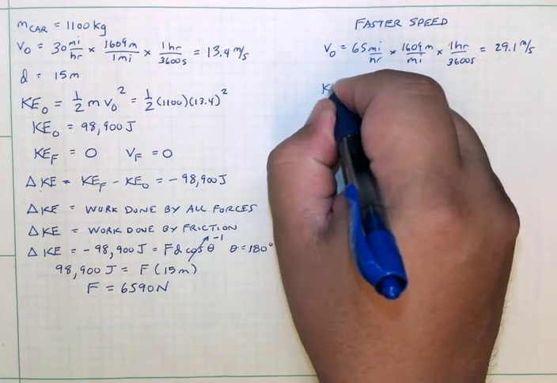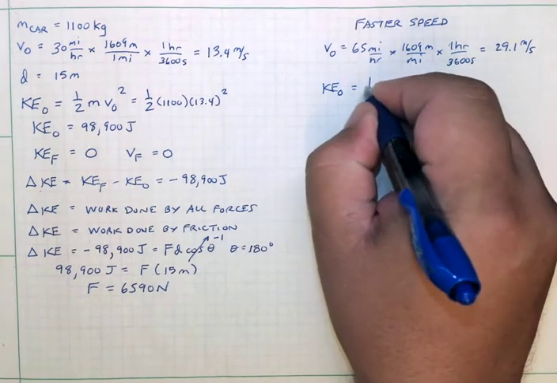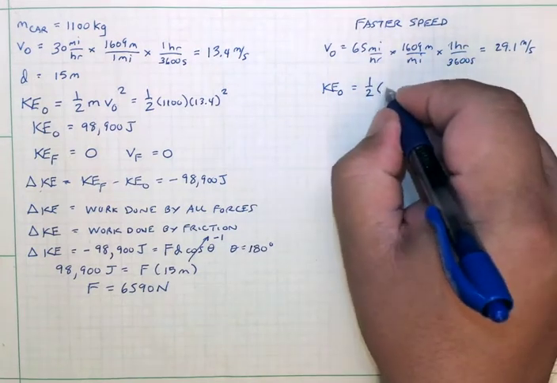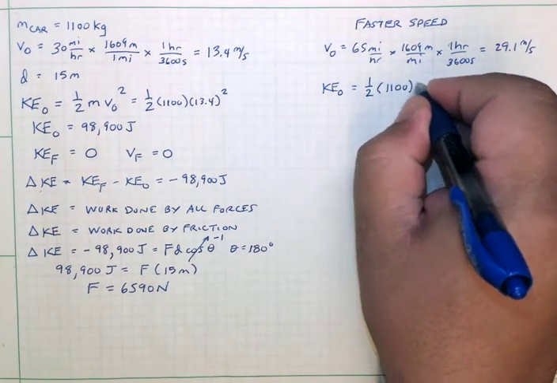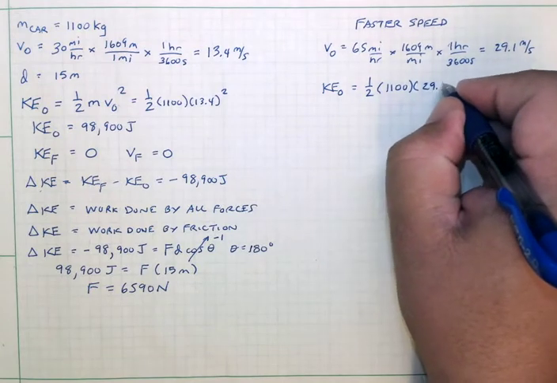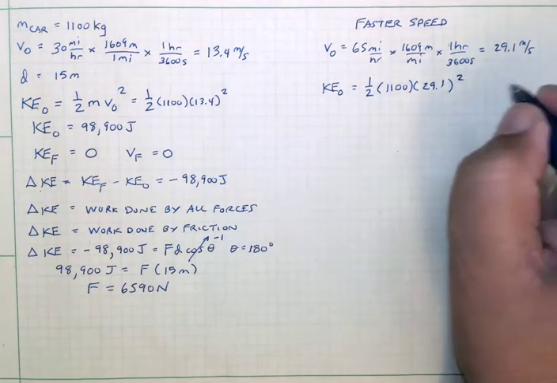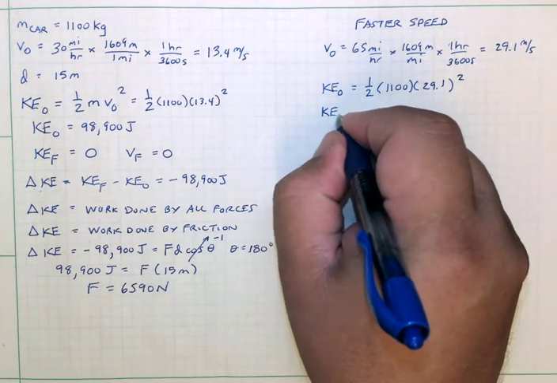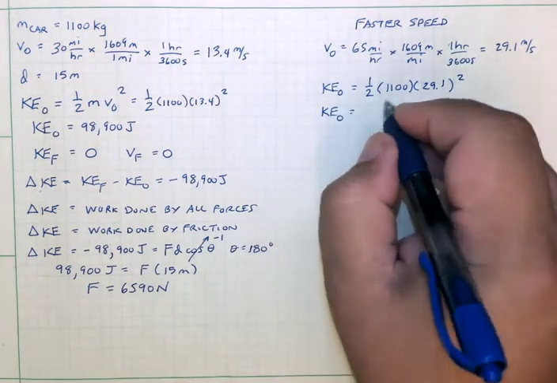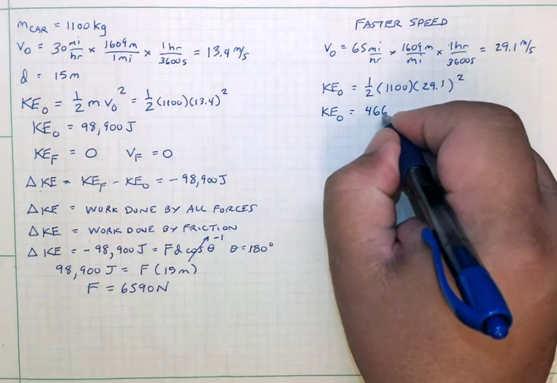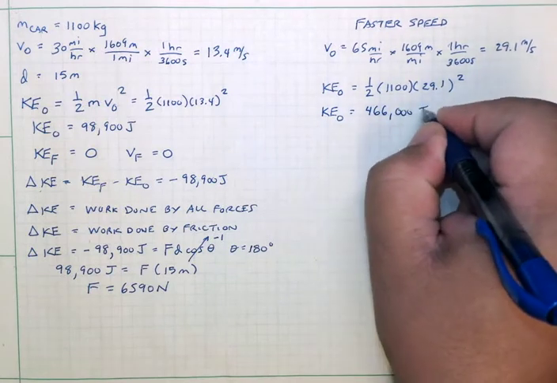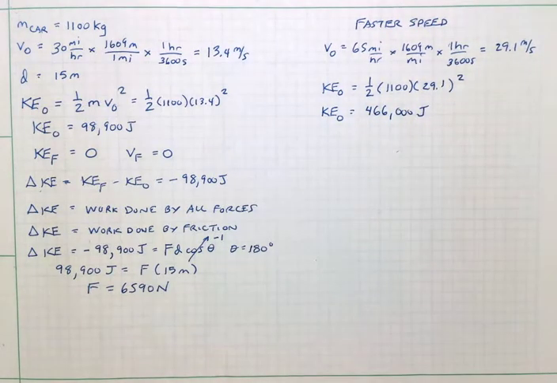That means the new value for the initial kinetic energy is going to be 1/2 times the mass, 1,100 kilograms, times 29.1 meters per second squared. The new initial kinetic energy is going to be 466,000 joules, again keeping the extra significant figure.